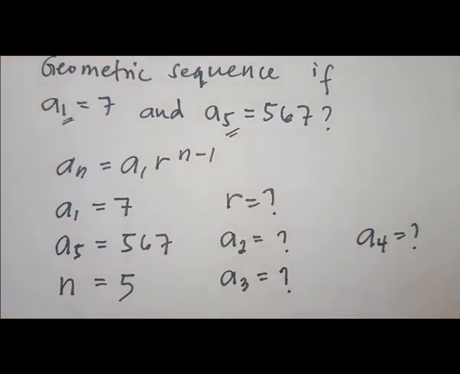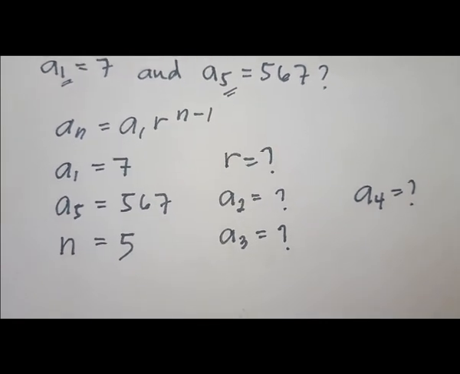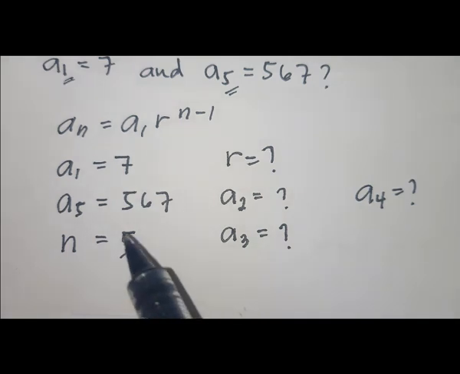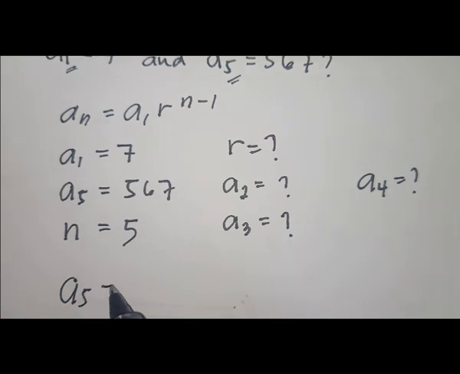So, let's start. Una, gawin muna natin yung equation na meron tayo dahil a sub 5 ang last term natin from this sequence. So, we have a sub 5 equals a sub 1 times r raised to n minus 1.